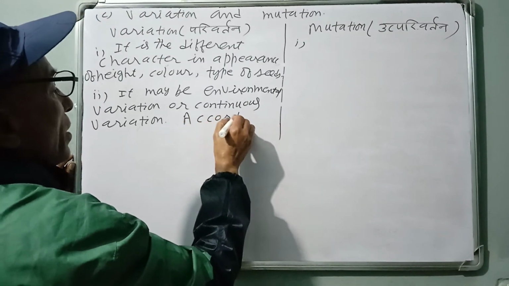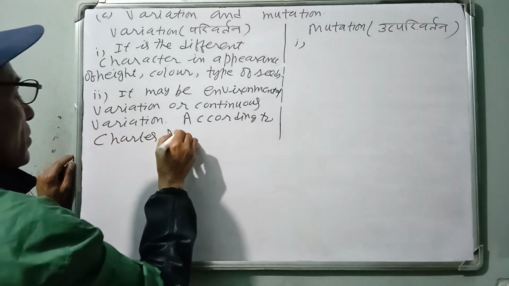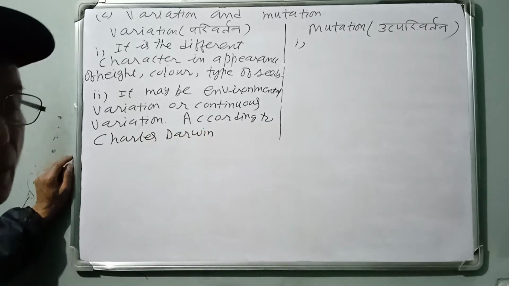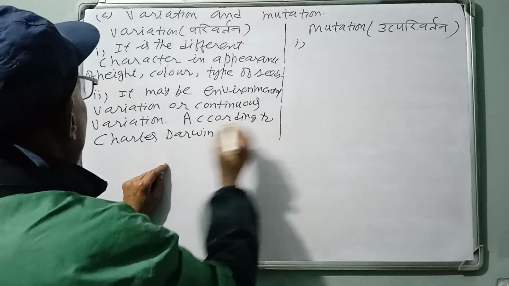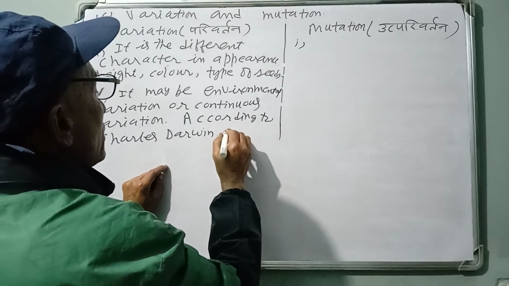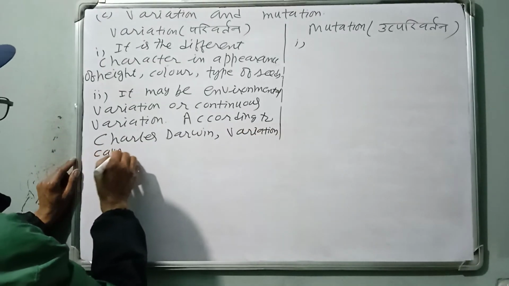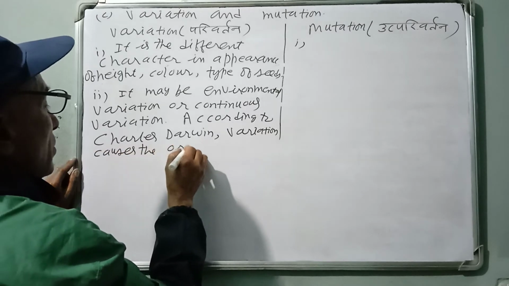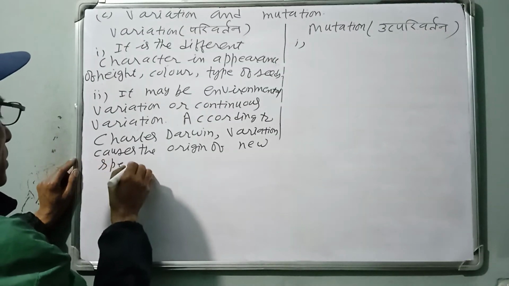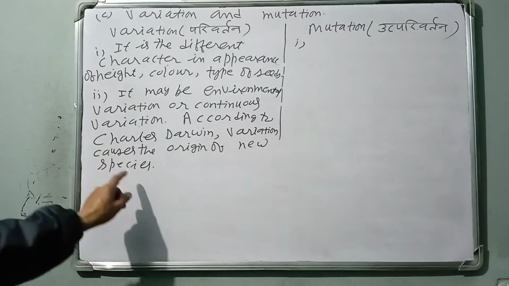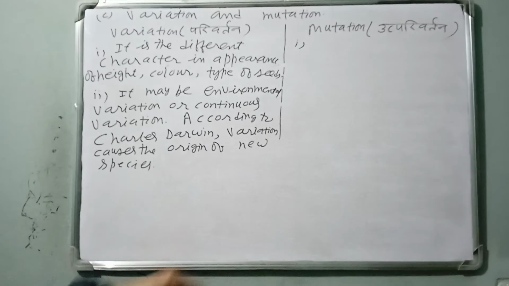Charles Darwin was a very famous English scientist, botanist. According to Charles Darwin, variation causes the origin of new species.